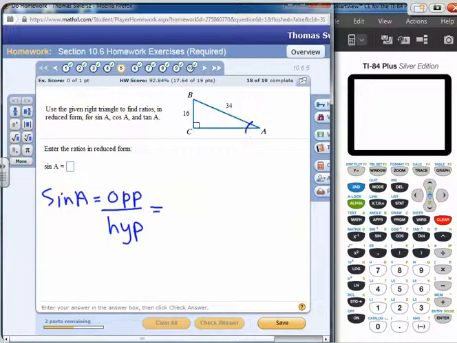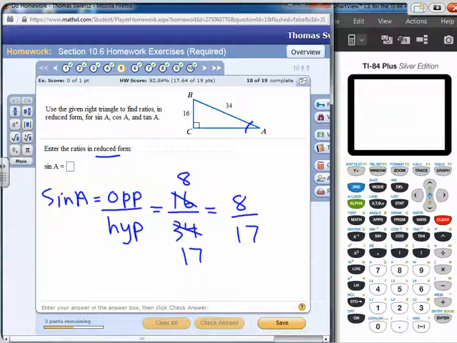With respect to angle A, the side opposite is 16. The hypotenuse is 34. All right, and in reduced form, you can reduce it. 2 goes into both of these. 2 goes into 16 8 times. 2 goes into 34 17. So reduced form would be 8 over 17.